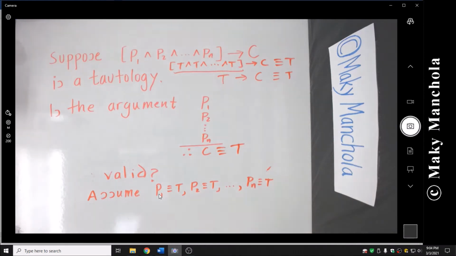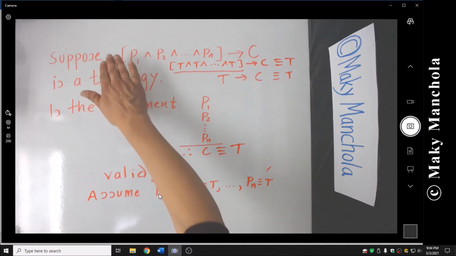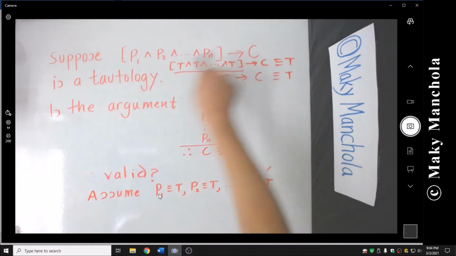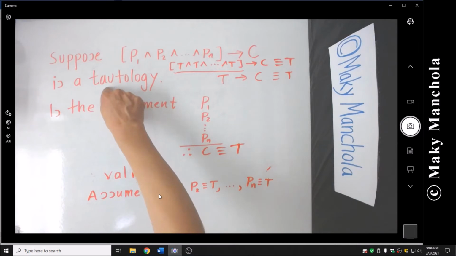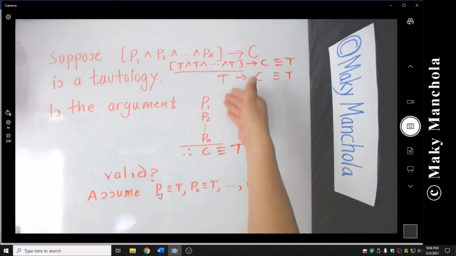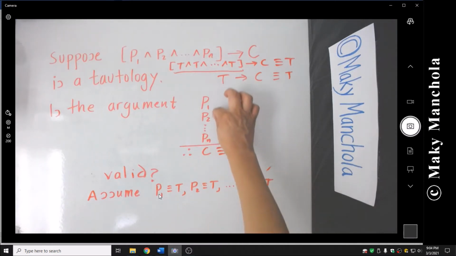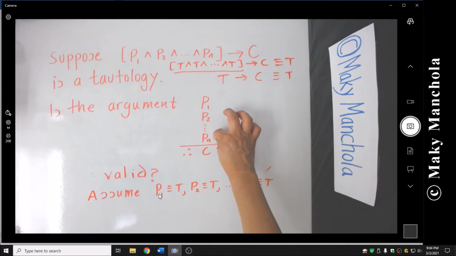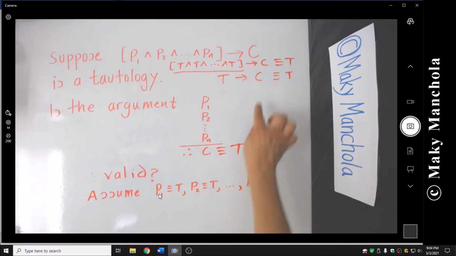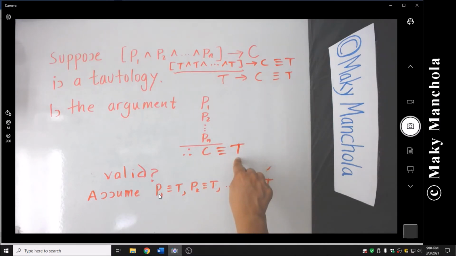So in summary, we assumed that the conjunction of the premises implies the conclusion is a tautology. We asked the question, is our argument form valid? The answer is yes, because whenever all premises are true, you must conclude that the conclusion is also true. It cannot be false.